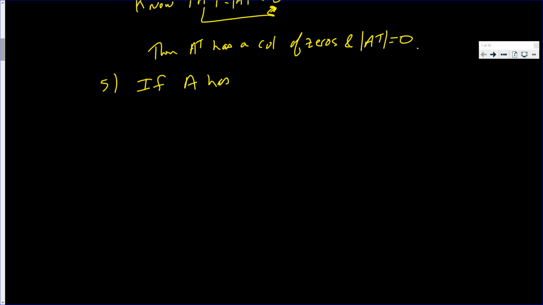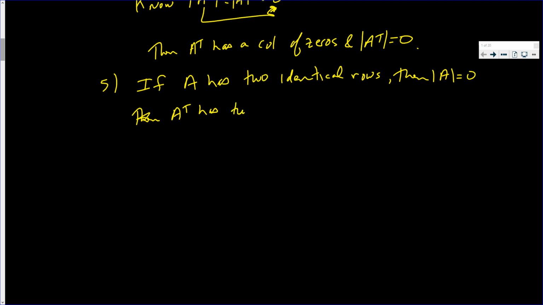If A has two identical rows, then the determinant of A is 0. But check this out. Then A transpose has two identical columns.